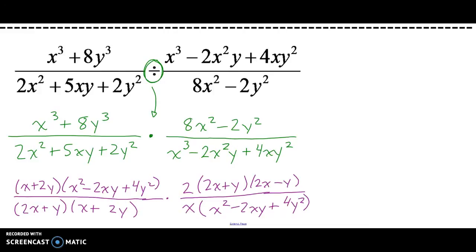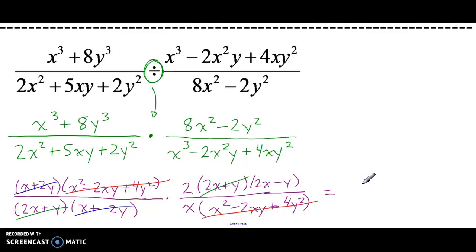Now, regardless, you can still cancel that large expression, x squared minus 2xy plus 4y squared, with this piece up here, because they match. Whether they factor or not, they match, and you can still reduce. And then there's all the rest of the regular cancellation, x plus 2y and x plus 2y, and 2x plus y and 2x plus y.